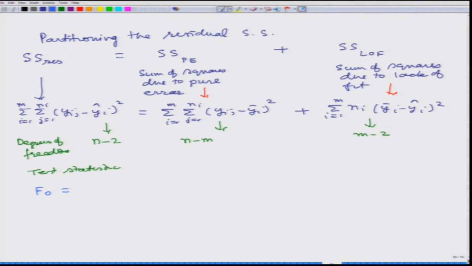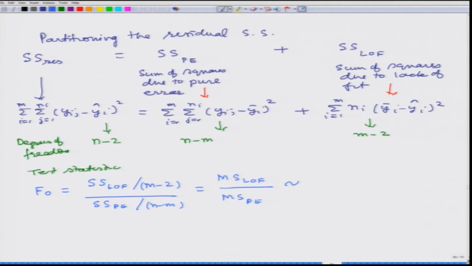The test statistics is denoted by, say here, f naught, and this is given by sum of squares due to lack of fit divided by its degrees of freedom upon sum of squares due to pure error divided by its degrees of freedom. The sum of squares divided by the degrees of freedom is nothing but the mean square due to LOF, the lack of fit, and mean square due to pure error.